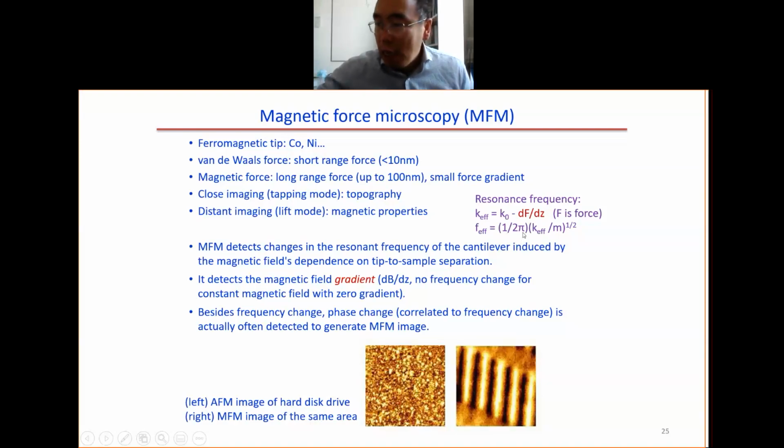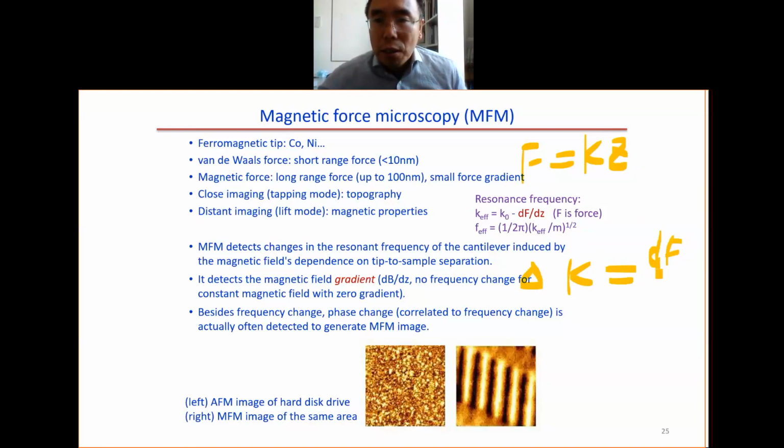We know the force constant k equals dF over dz over k. This is from the magnetic force. Then the effective k equals k0 minus dF over dz, where dF over dz is the change of k induced by the magnetic field.